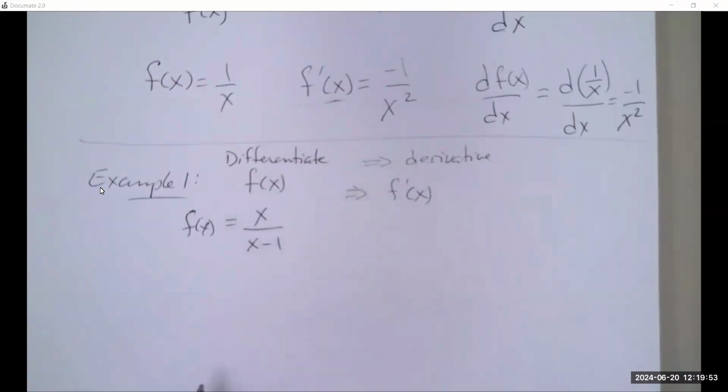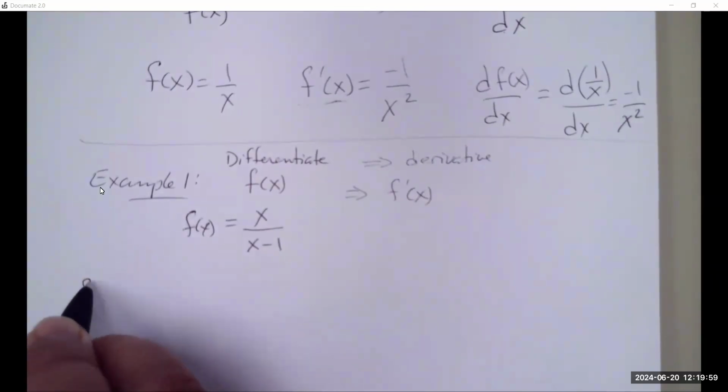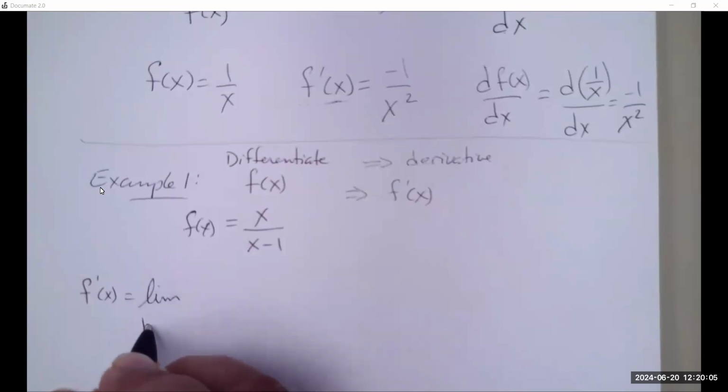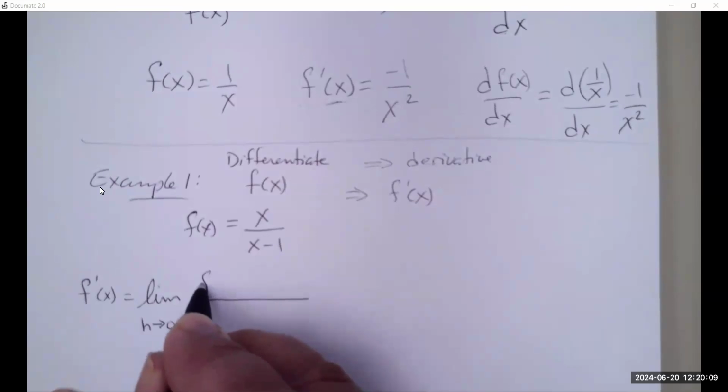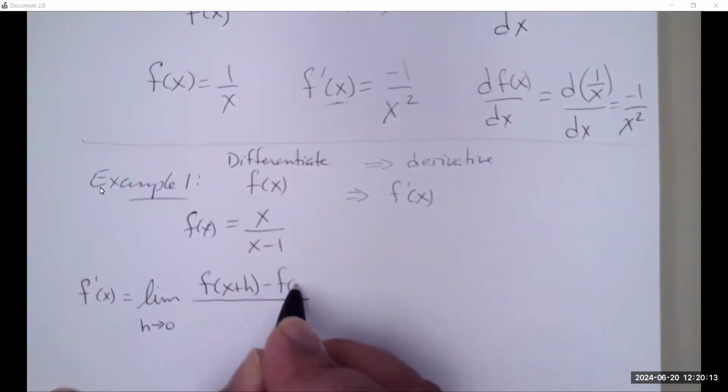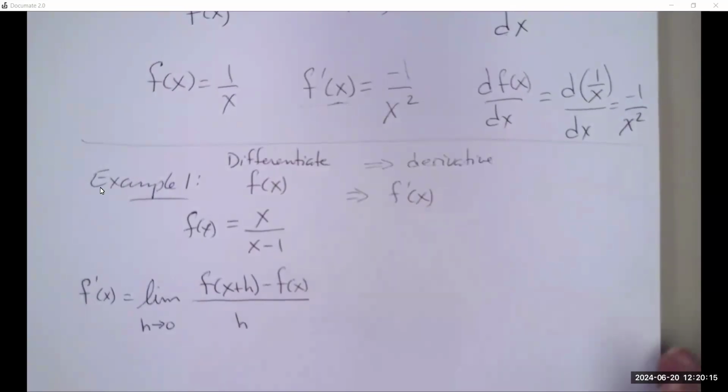We're looking at it from the definition. To find the derivative, what formula do I use? To find f prime, I use the limit as h approaches 0 of f of x plus h minus f of x, all over h.